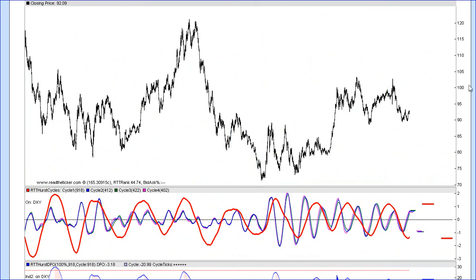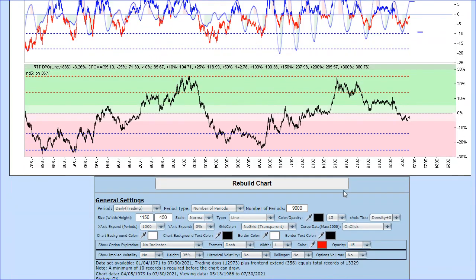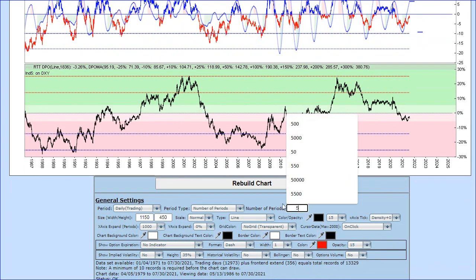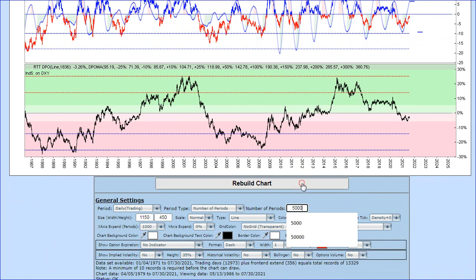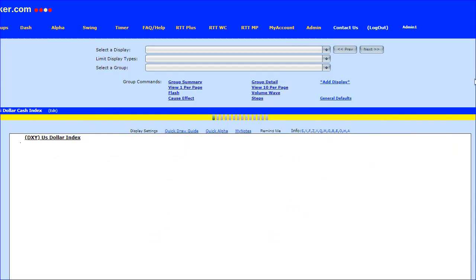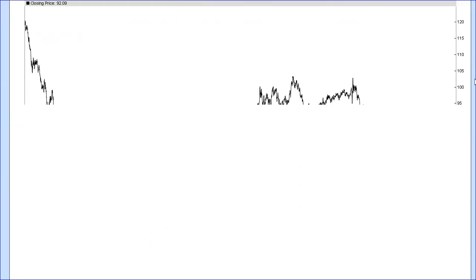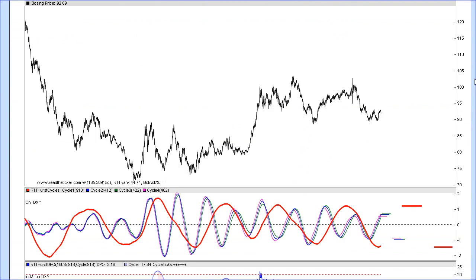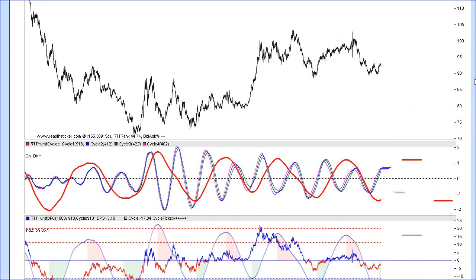Now I'm just going to get closer into the action. Cut it in half. Now we rebuild the cycles that are closer so I can show more detail. Okay. Now we can see that.